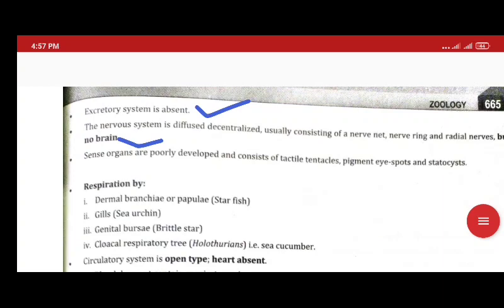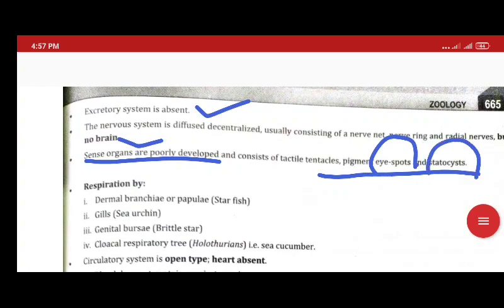Previously we had brain and statocyst, with different parts for testing the chemical nature of water. Here sense organs are poorly developed, consisting of tentacles and pigment. Eye spots, not eyes, are present, and statocysts are also present.